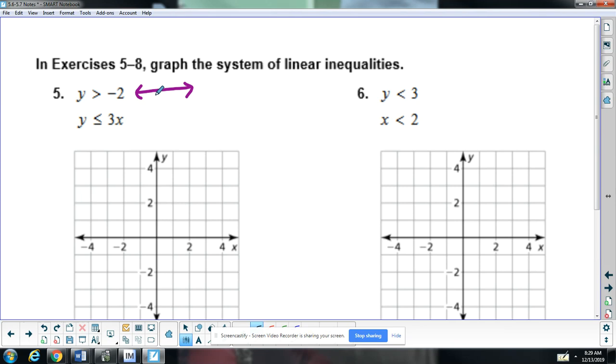If there's just a y, I know I'm going to have a horizontal line, and I know that horizontal line will be at the -2 on the y-axis. So down here at this -2, I have a point. Then I look at my inequality sign. It is just a greater than, not an equal to. So I know I'll have a dashed line. Then my shading, y is greater than, so I know I'm going to shade above.